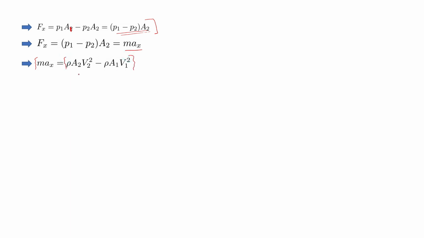This rate of change of momentum can be written as m dash into V2 minus m dash into V1. And this m dash is actually equal to rho A2 V2 into V2 minus m dash can be written as rho A1 V1 into V1.